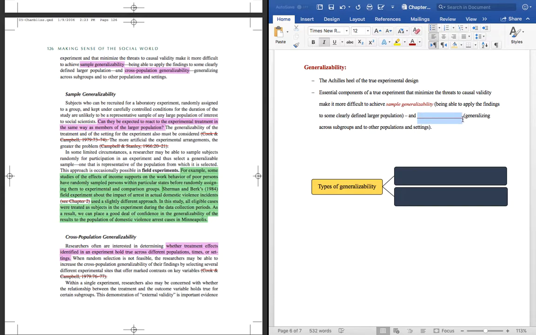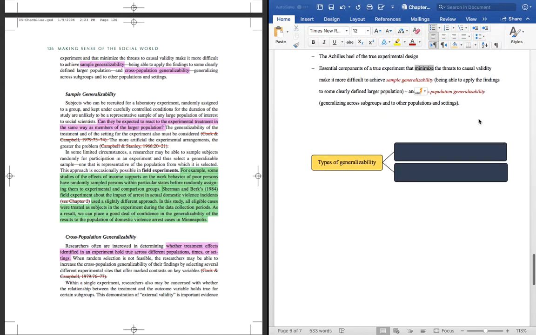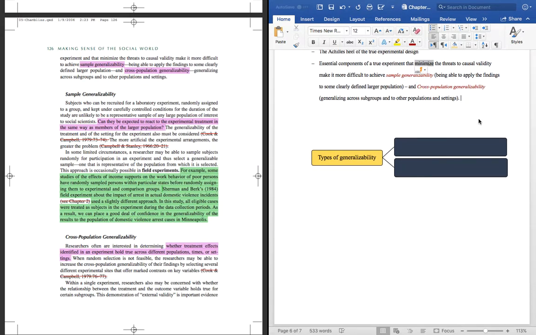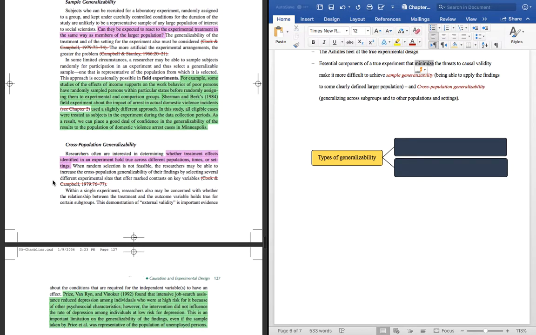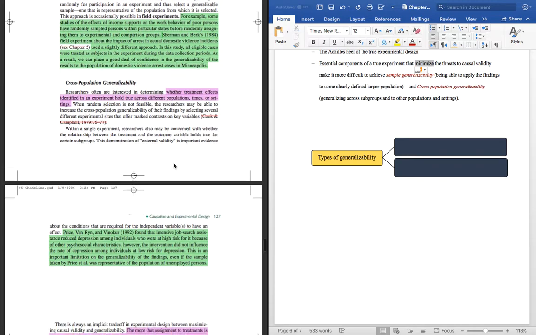And then we have cross-population generalizability. Cross-population generalizability is the ability of our study or our findings to generalize our conclusions to other populations. If we are establishing an experiment in the United States, does it also apply to the residents of Europe or Asia?